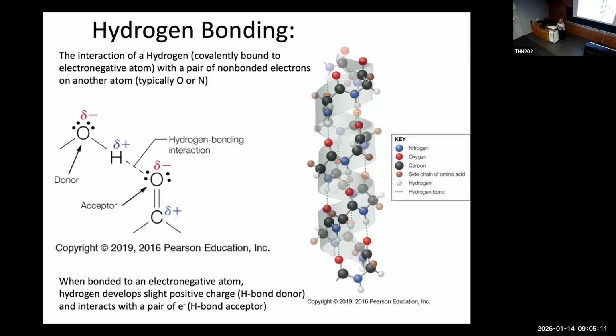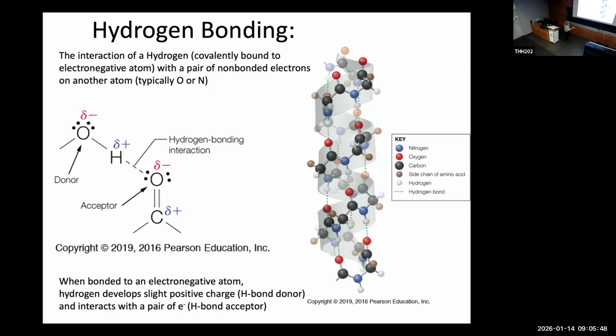But if you have lots of them throughout the structure of a molecule, like we see here, it looks a lot like a DNA helix, but it's actually a helix of proteins. And in this case, these green dots here are hydrogen bonds. They're basically between atoms that look like this. A little bit different in that this is a nitrogen bound to a hydrogen, and this is a carbon bound to an oxygen.